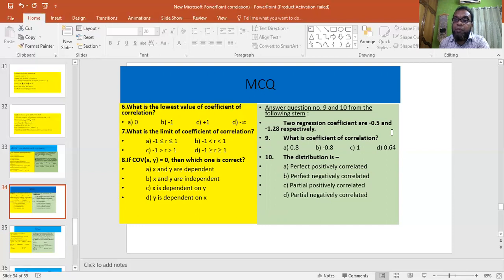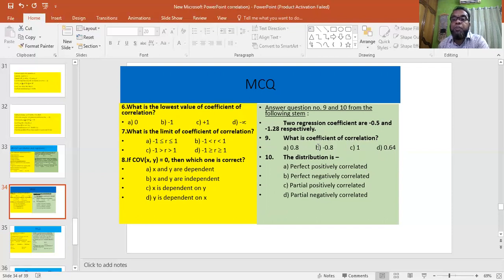In algebra we know minus minus is plus, but here, by the property of coefficient of correlation, if both regression coefficients are negative, then the coefficient of correlation is also negative. Here it is minus 0.8. So B is the answer.